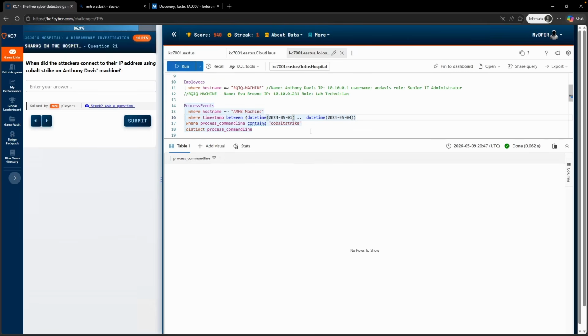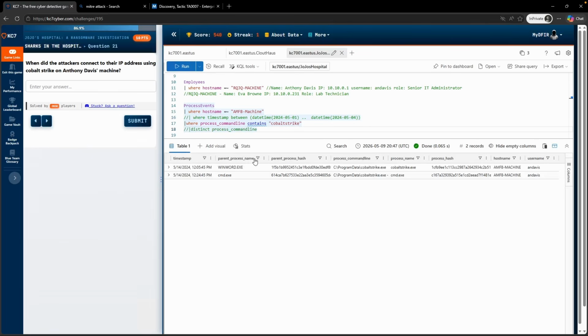Okay, we don't get anything. What if we comment out the timestamp instead? Because we don't want to always be bound to the time. And there you go. Cool. Let me go ahead and comment out the distinct. And when did this happen? Process command line. This occurred on May 14th at 12:24:45 p.m.